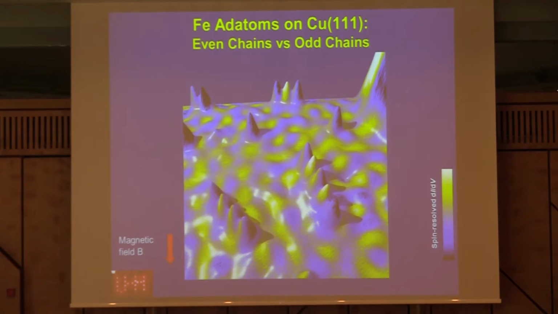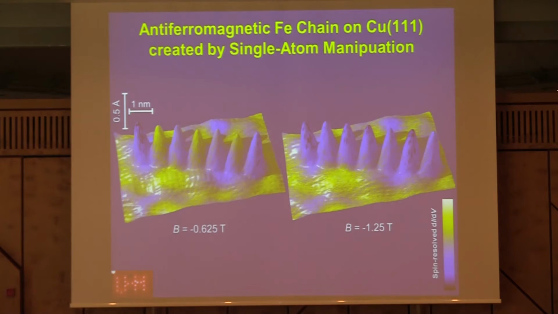You can resolve all that directly in real space. You can construct larger chains and look at the response in external field. So by sweeping the external field, you can detect what kind of Zeeman energy is needed to overcome the indirect magnetic exchange coupling energy, and this is a way how you can quantify the coupling.